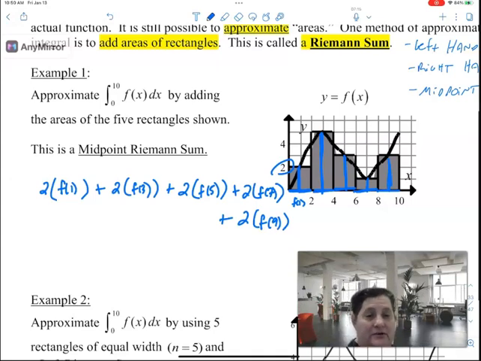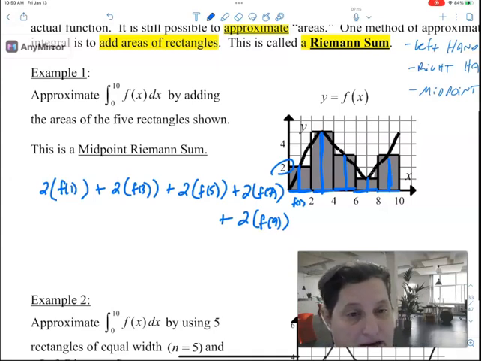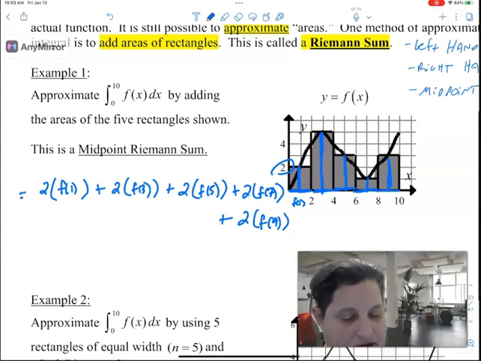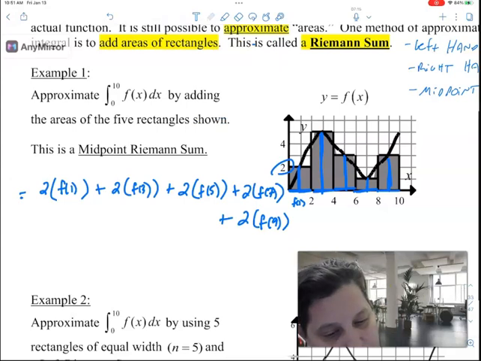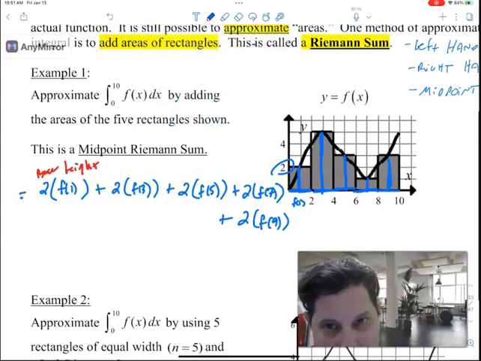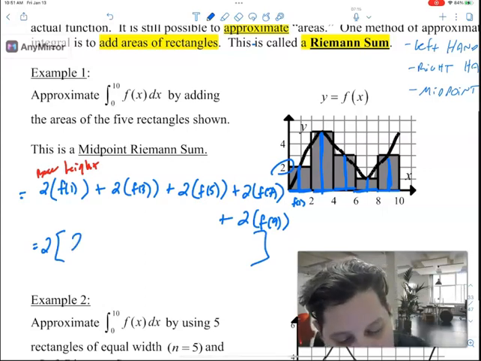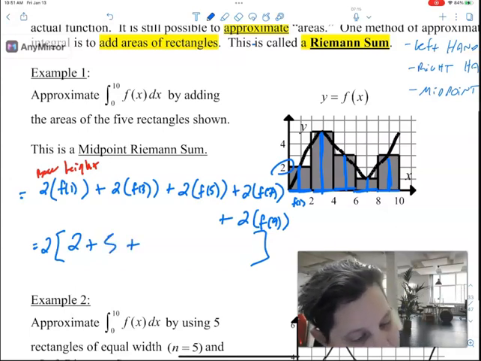Now, one thing I want to tell you is if you have equal bases, see how they're all a base of 2? It's kind of annoying to go base times height, base times height, base times height. So each of these, this is my base, this is my height. Does it make sense that I could just put the 2 out front? It's like I'm factoring it out, right? And then just get all the heights right there. So the height at 1 is 2. The height at 3 was 5. The height at 5 was 3.